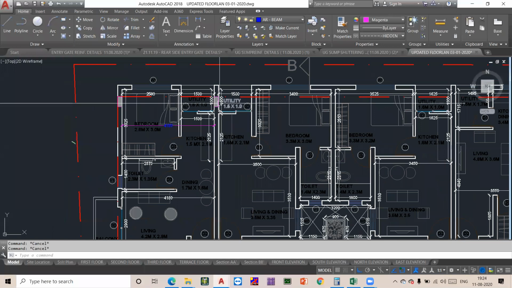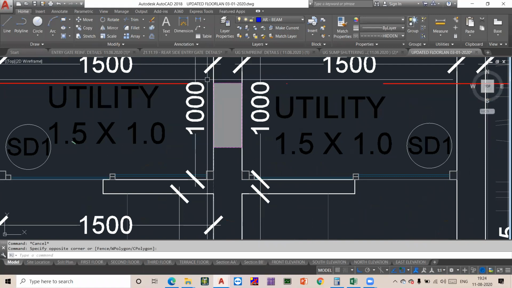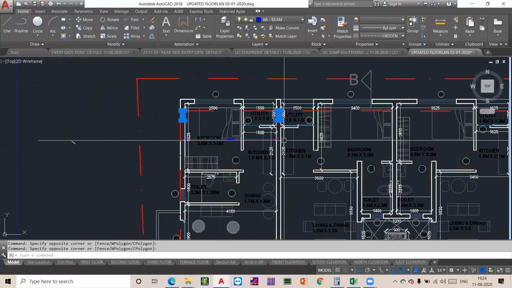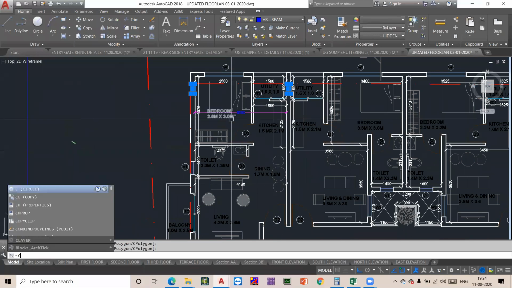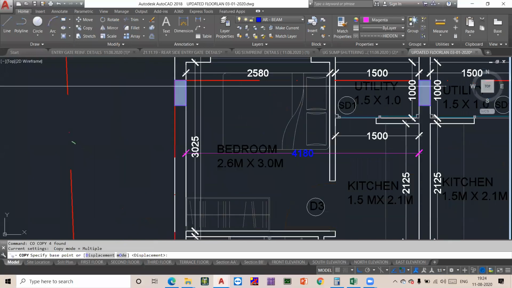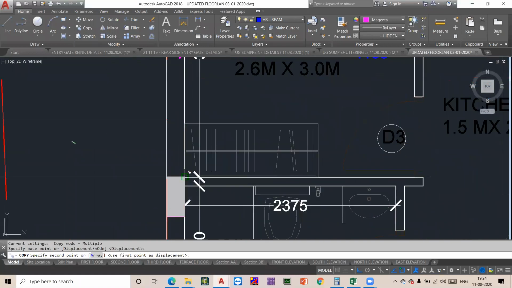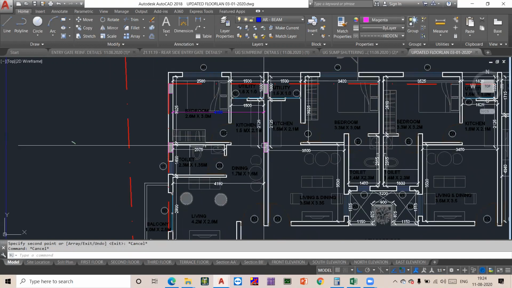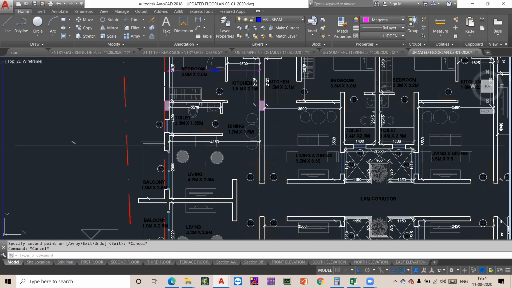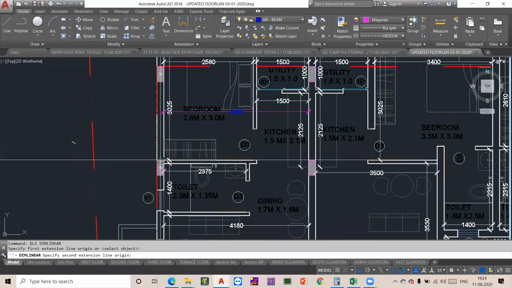Now similar way, I will be again copying my columns here. I can do either ways. I will just check with the column to column spacing.